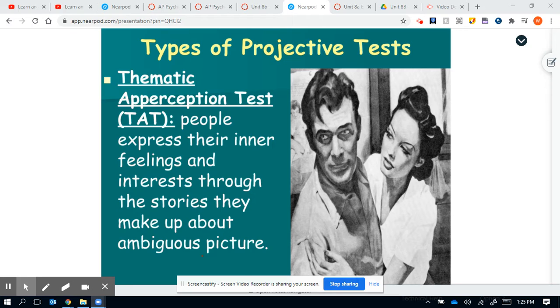So, who has an idea what might be happening in this picture right here? Anyone? There are no right or wrong answers to these. The woman doesn't want the man to go. Okay.